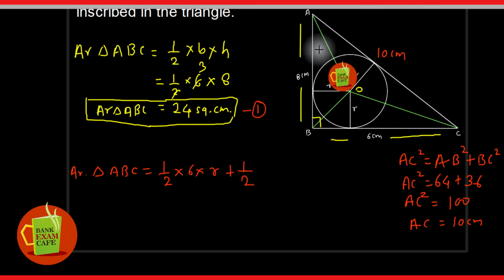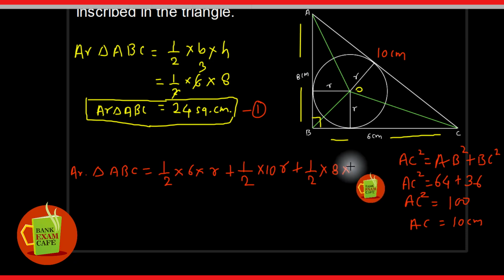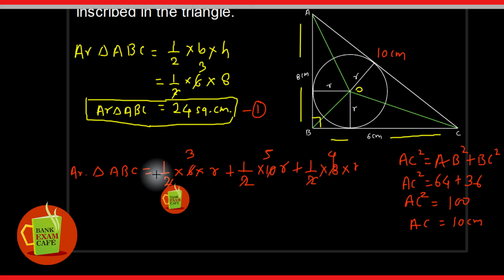So here it will be 1/2 into base, which is 10, into height, which will be R, plus now in triangle AOB it is 1/2 base AB into height, again R. So 1/2 base is 8 centimeter into R. So this will be 3R plus 5R plus 4R, that will be 12R.